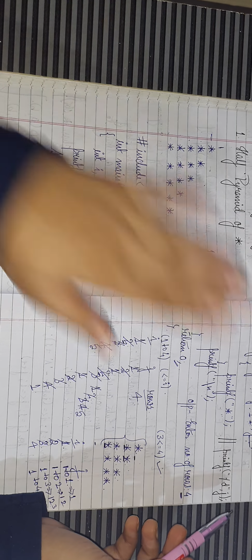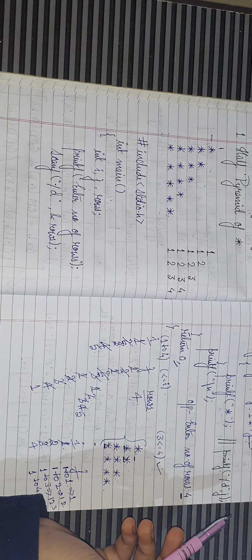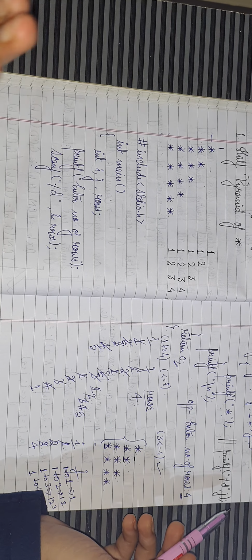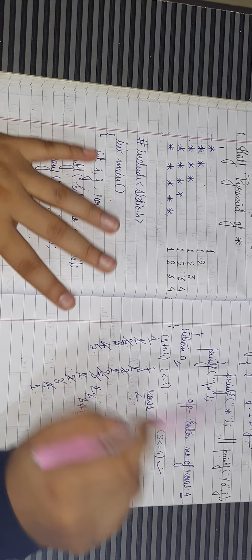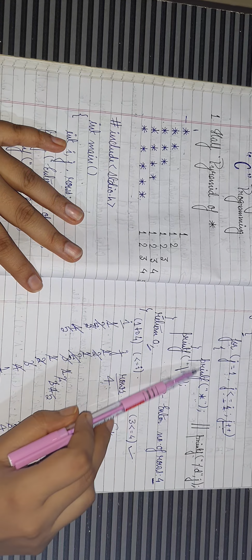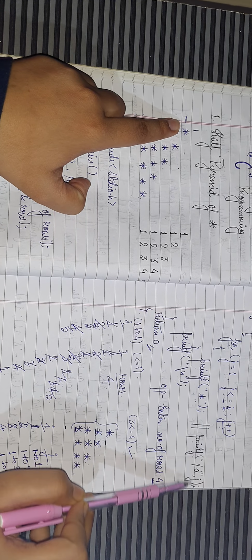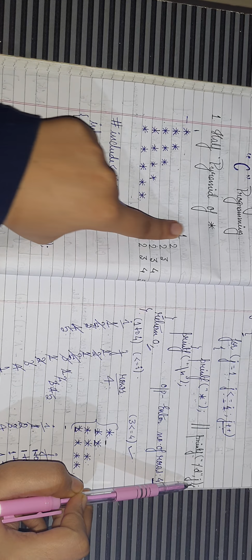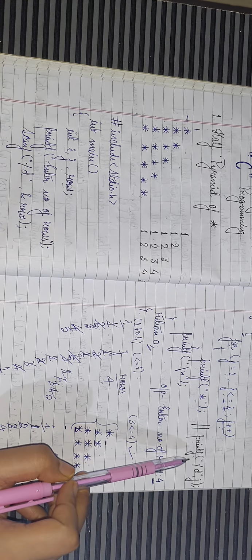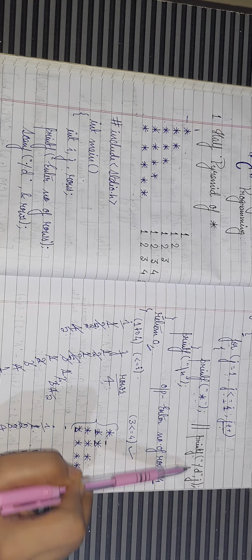So the same program, and I don't think the tracing is required again, because it is the same program, just instead of printf of a star, we are printing the j value. If you want to print the pattern like this, then we need to print the j value, right?